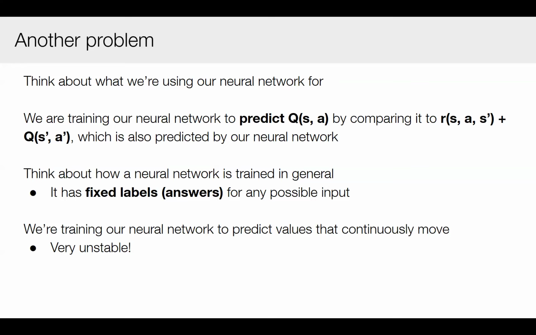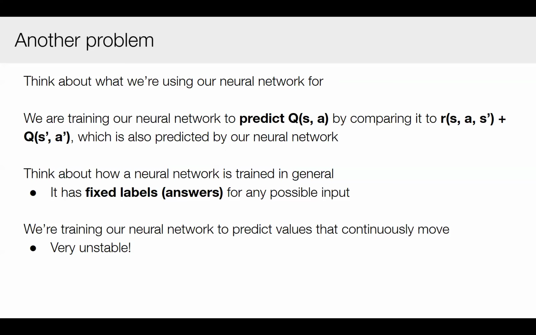They're fixed. The goal is to get your neural network to predict those labels as they are. Those labels will not change, but they're clearly changing in the way we've set this up, because as we keep updating our neural network to predict the Q of S comma A, we're inadvertently changing our prediction of Q of S prime, A prime. That's just how the neural network works.